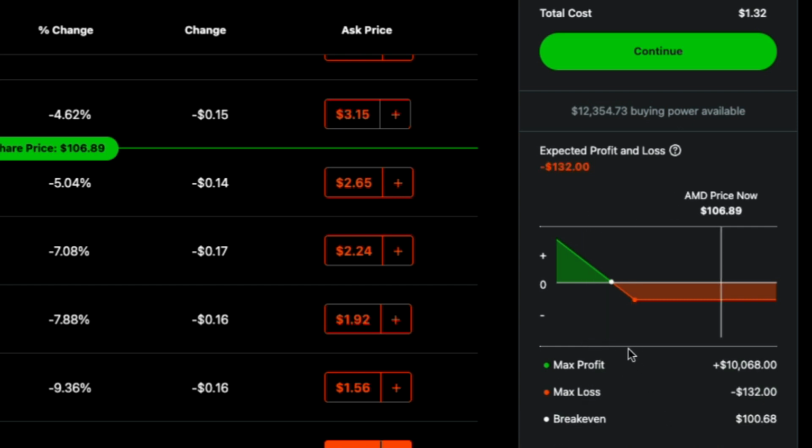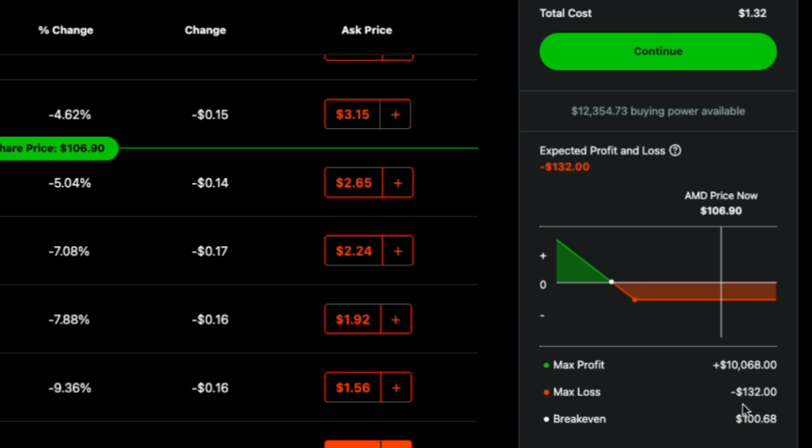It is capped to the premium that you pay to buy this put. That's a good thing about buying a put, that you know your max loss. Your max loss is fixed. However, your max profit is almost unlimited because the stock can go down to zero. Practically it may not, however it's a possibility that it may go down. So that's a way that you can profit by shorting a stock.